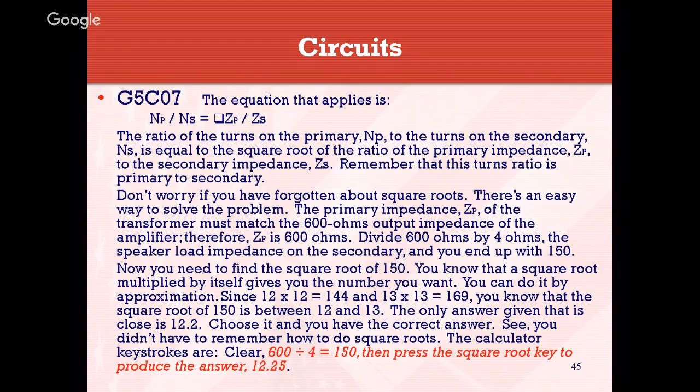And if you choose that, you will have the correct answer. And you don't have to remember how to do square roots. The calculator keystrokes are 600 divided by 4 equals 150, and then you press the square root key to produce the answer of 12.25. So you really don't have to do the square root itself, but it is part of the equation. Just kind of remember that.